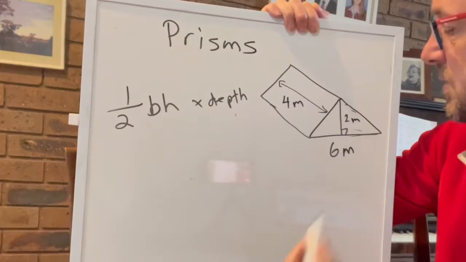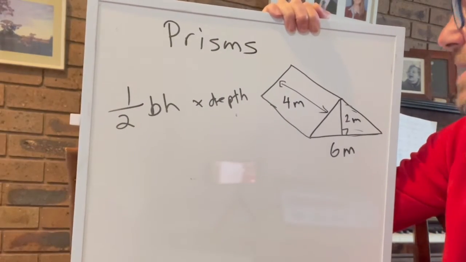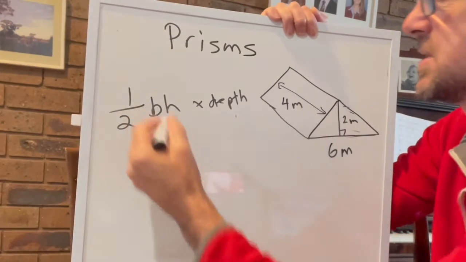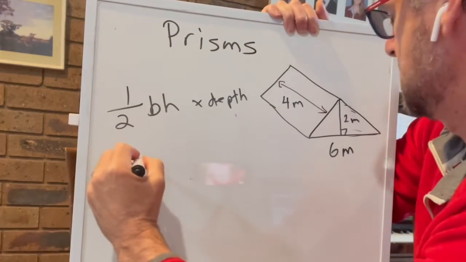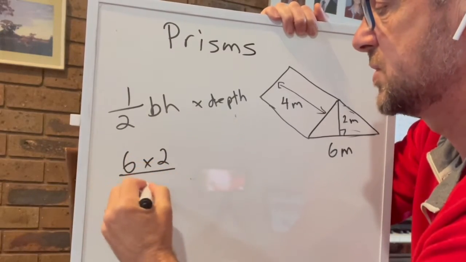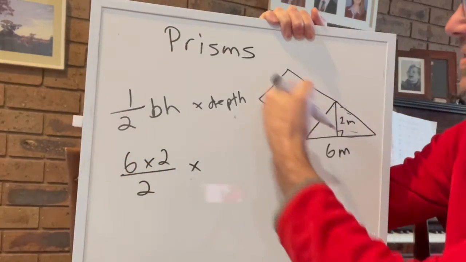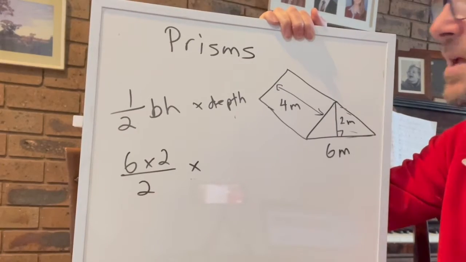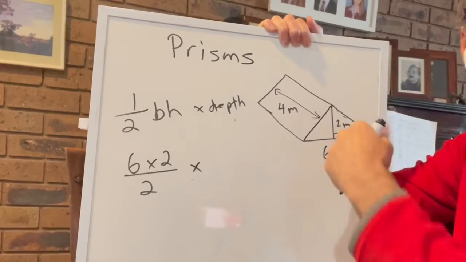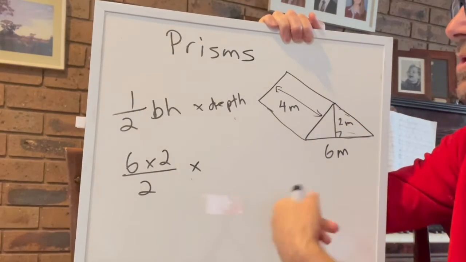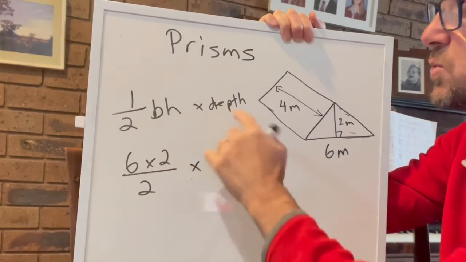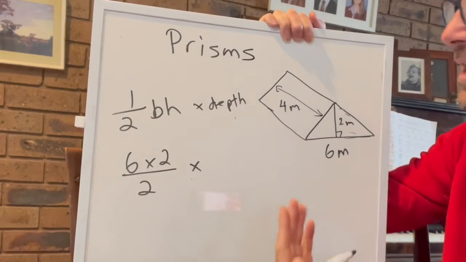Okay, so we've given some dimensions to our prism here. What we want to do is find the area of the triangle firstly. It's half base times height, so in this case it would be 6 multiplied by 2, all over 2. Then we multiply that by the depth of this shape. Sometimes, if the shape is standing upright, like a silo or a tall building, it might be multiplied by the height of that building, so sometimes you'll see some of these words being used in other contexts.